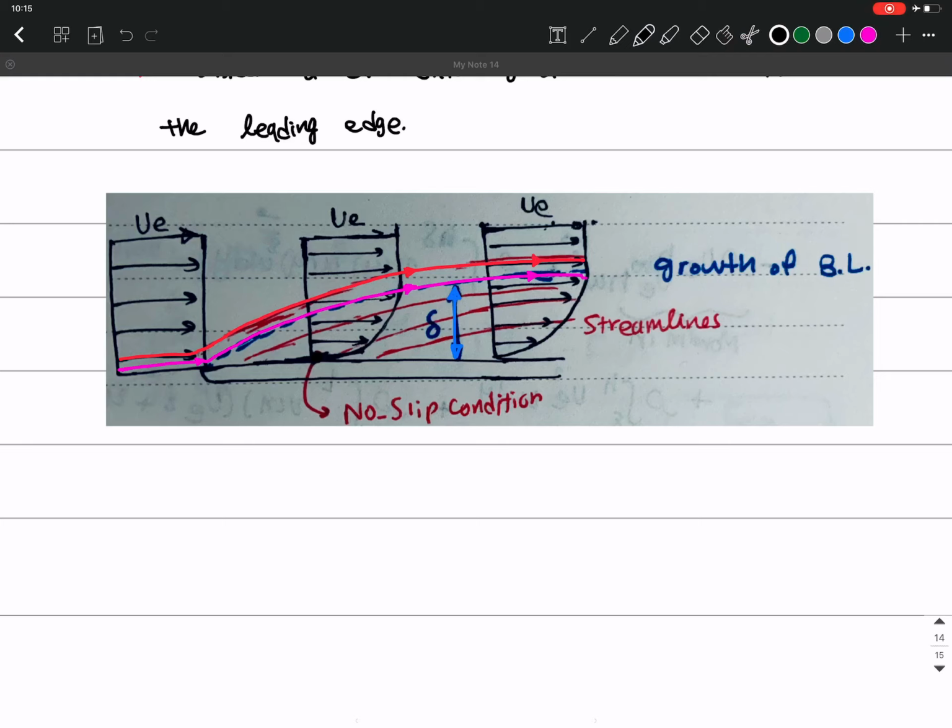Here we can make an assumption in order to neglect the pressure differences and pressure forces. What you see is that the velocity streamlines, these red vectors that I have shown, are almost parallel.